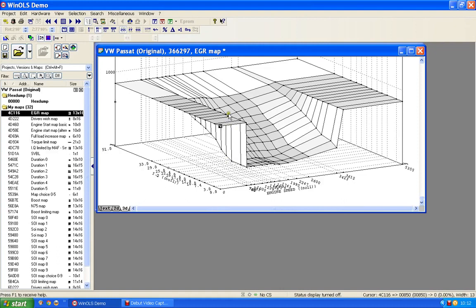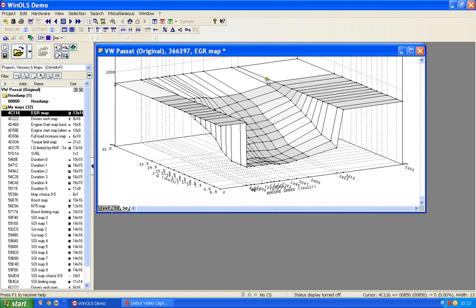Now what happens then is that the EGR valve, at just over idle, opens fully, and then as you start to accelerate up through the gears and continue to accelerate, the only way you can accelerate is add more fuel. So as you add more fuel and you accelerate, the EGR valve just follows that slope. In other words, it is closing, closing, closing, until now it's shut. And so that's basically what the EGR map is showing you.